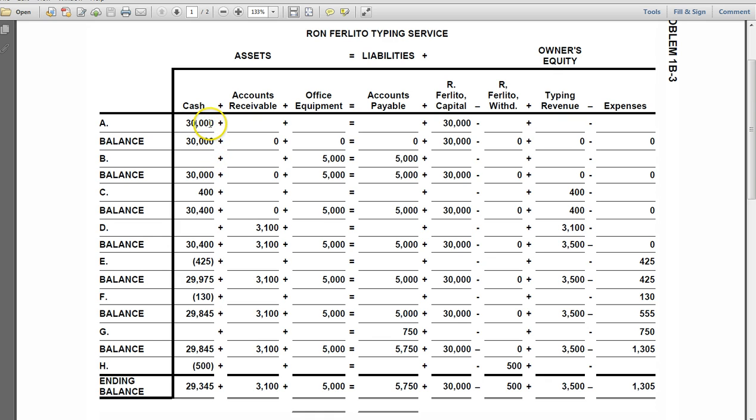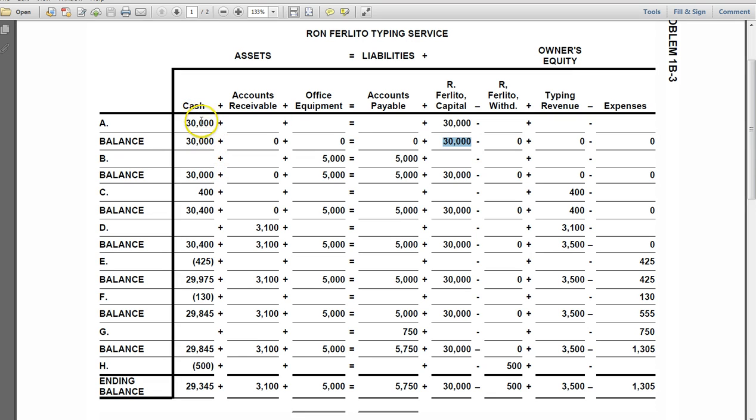So our business starts out, as you can see, with a $30,000 increase in cash, and Perlito capital has to be increased. Remember the rules, both sides of the equation have to balance after recording the transaction. So you've got 30 and 30, left and right.